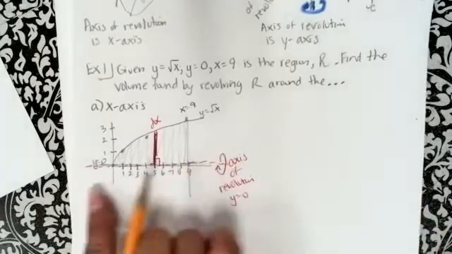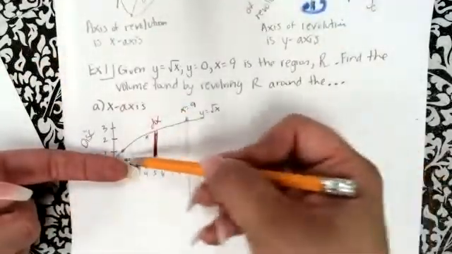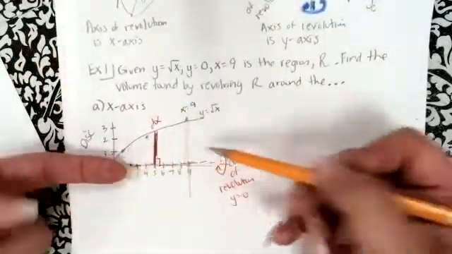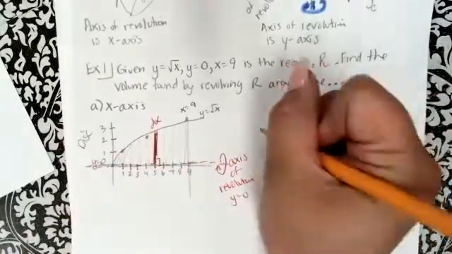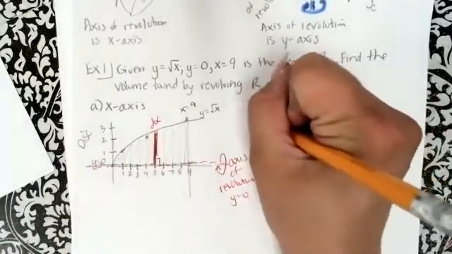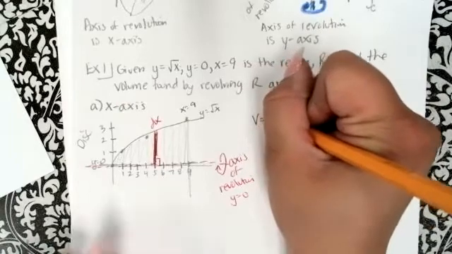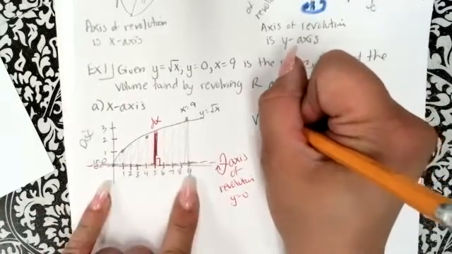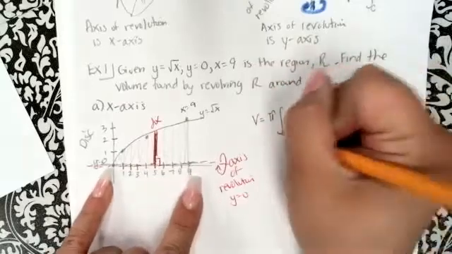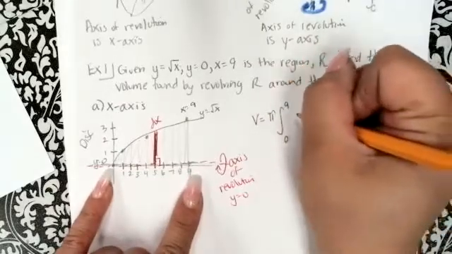Now this is going to be known as a disk because as it's revolving, there's no hole in the middle. So the volume here, everything is going to revolve around the x-axis. So I'm going to do pi, the x is going from 0 to 9.